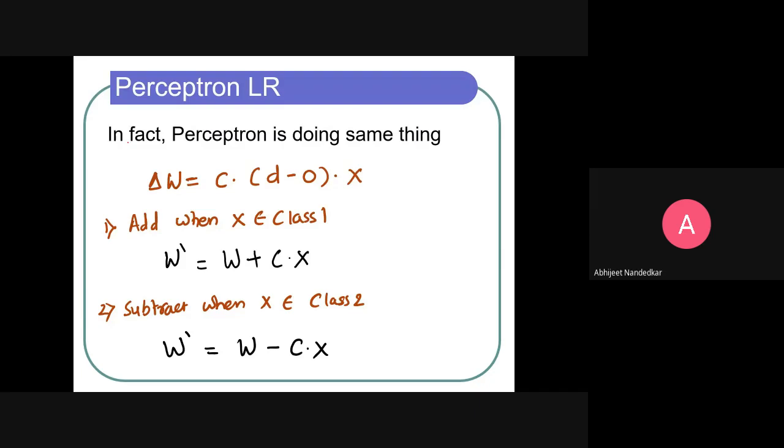In Perceptron, we are implementing this change in weight rule, that is change in weight is equal to C into D minus O into X. When input belongs to class 1, you expect output to be +1, and this is called the desired response, and the actual output you obtain is suppose -1.